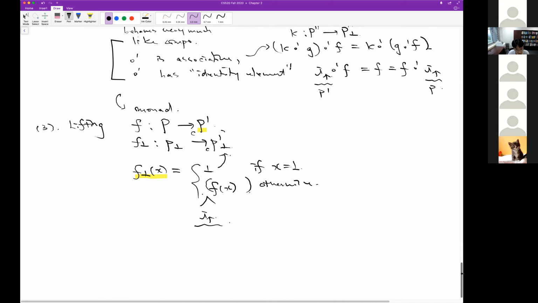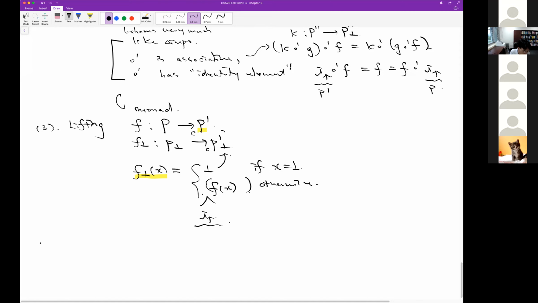Okay, so that's, in a sense, the quick review of domain theory. We talked about predomains, domains, continuous functions, least fixed point theorems, some intuition behind continuous functions, and these two constructions. One is the construction of function space. The other is this lifting construction, whose purpose is to make a predomain into a domain.